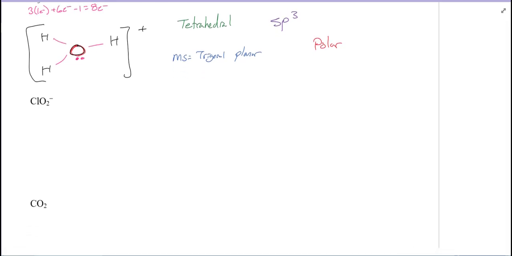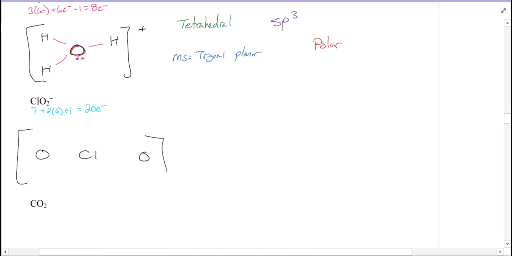ClO2-. Electron count, we got 7 for chlorine, plus 2 times 6, plus 1. So that would be what? 20 electrons for chlorite. Again, brackets. Chlorine would be in the middle. Let's bond. 2, 4, 6, 8, 10, 12, 14, 16, 18, 20.